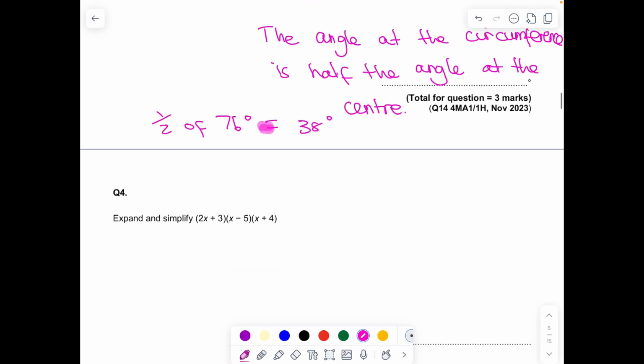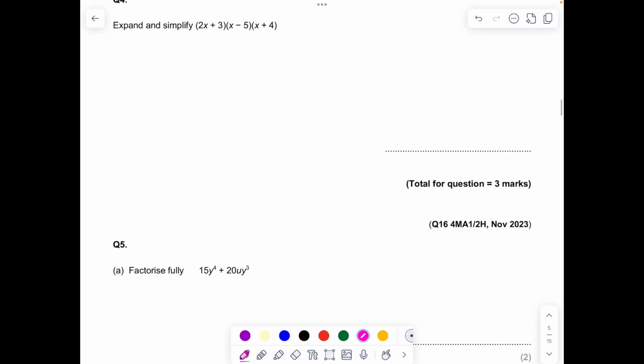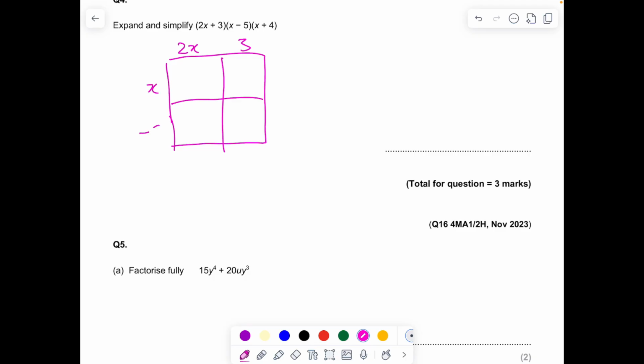Question 4, some expanding. So I'm going to expand, first of all, 2x plus 3 and x minus 5 first.